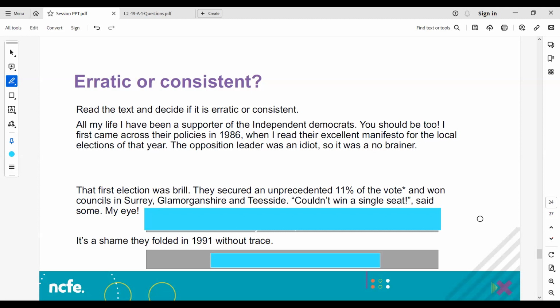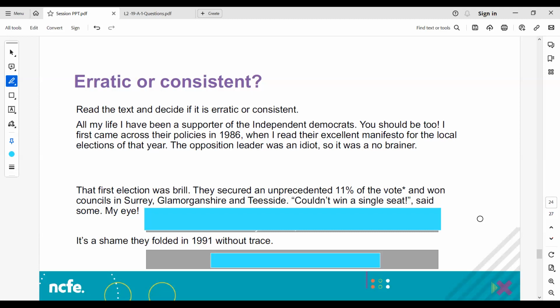So is this text erratic or consistent? So for this one, sorry, I should have said, for this one, we're looking at the whole text. So is this text erratic or consistent?